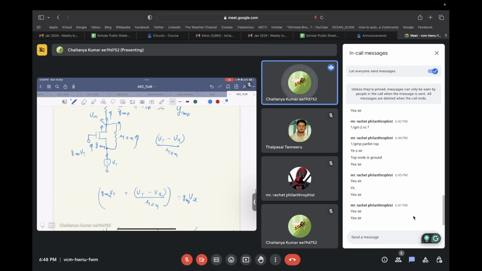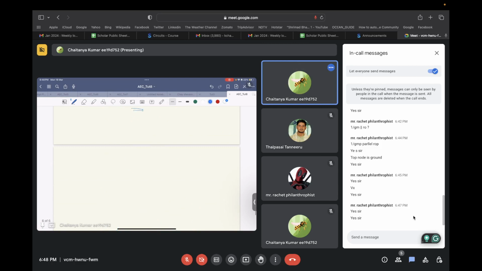The total current was Gm times Vt plus Vt minus Vx by Ron, correct? It is equal to Gmn times Vt plus Vt minus Vx divided by Ron.